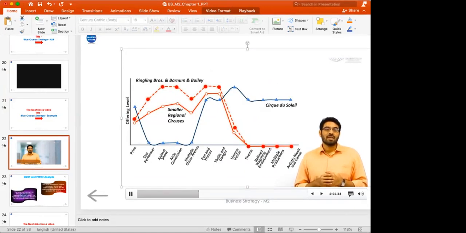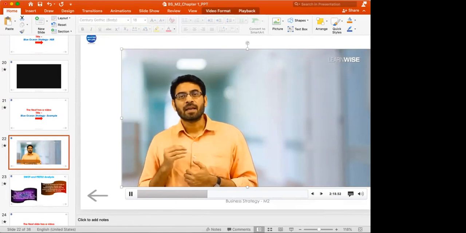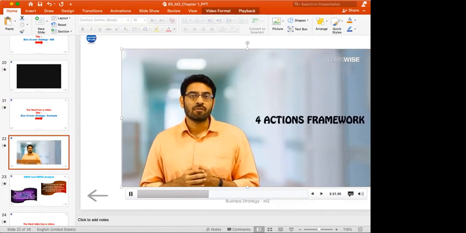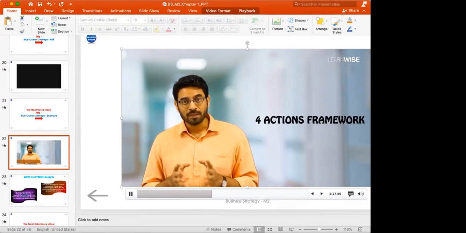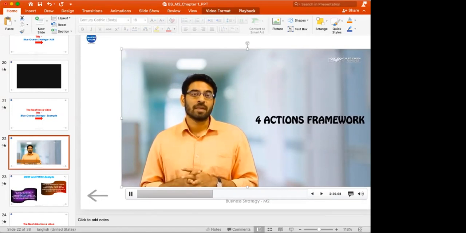As you can see, while the competition performed well for benefits like star performers, animal show, and multiple arenas, they didn't do well for others such as theme, artistic music, and dance. Let's dive deeper into the 4-action framework to understand how they created a calm blue ocean, which represents an uncrowded market space.